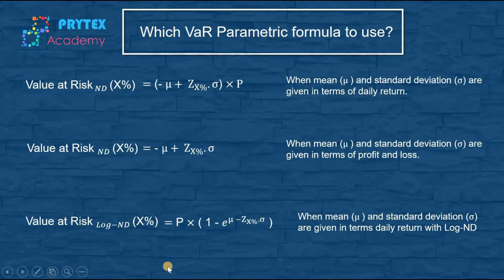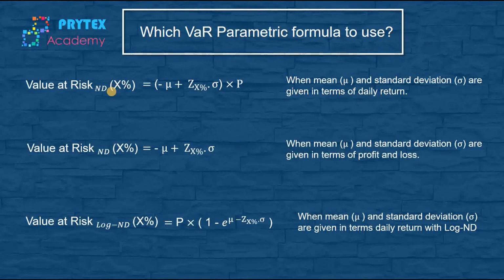So this brings us to the end of this session. In this session, we have calculated the value at risk by the normal distribution method. We have seen what a normal distribution is. We have understood what confidence levels are, and we have also seen how standard deviation can be associated with confidence levels, and how we can use standard deviation, mean and the z value to calculate the value at risk.